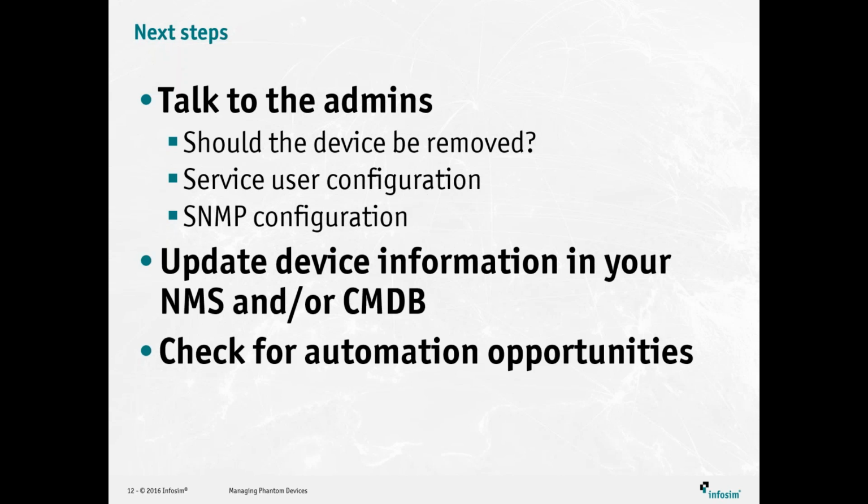Furthermore, you can check for automation opportunities so that you do not have to apply all these tasks that I just talked about manually. For example, you might configure SNMP on dozens of devices using an automation possibility and not by hand, so that you can organize your phantom devices in a good way.